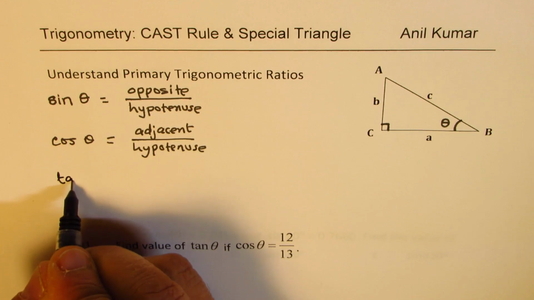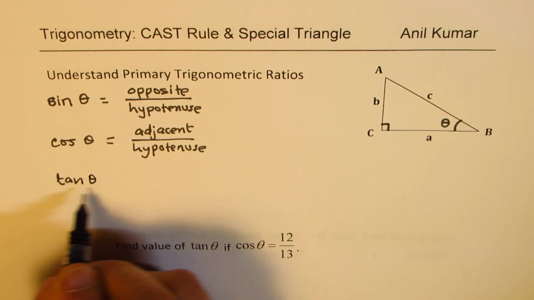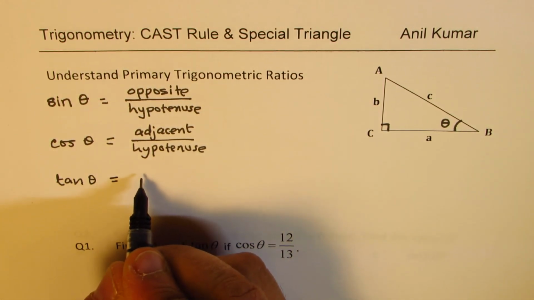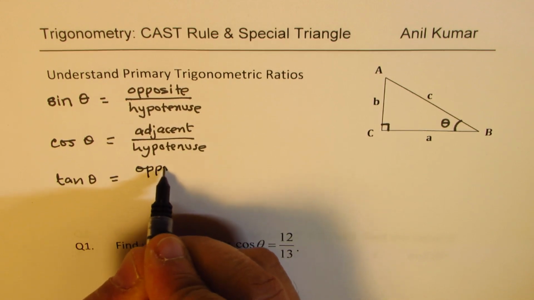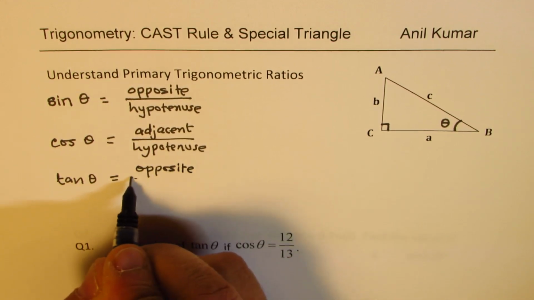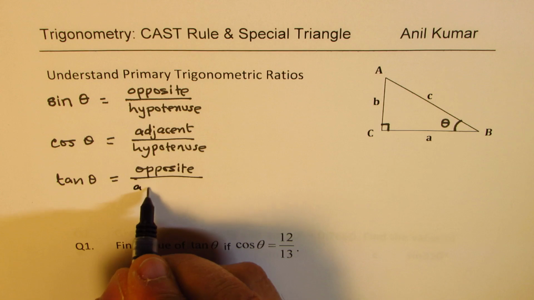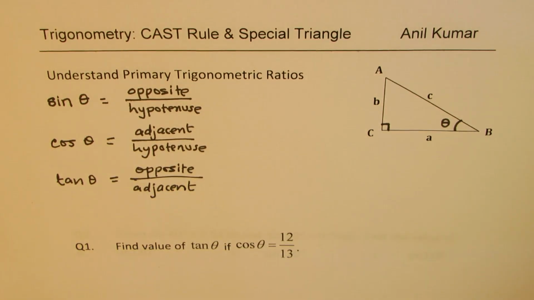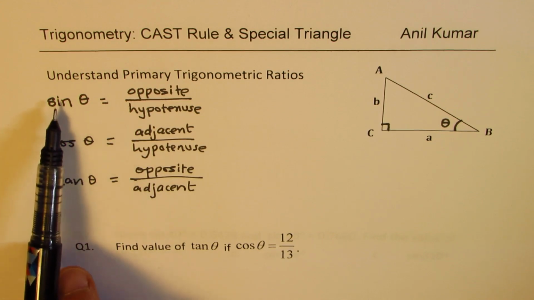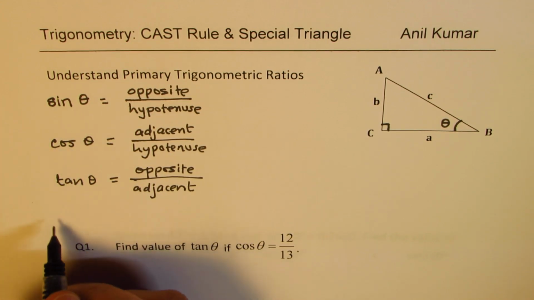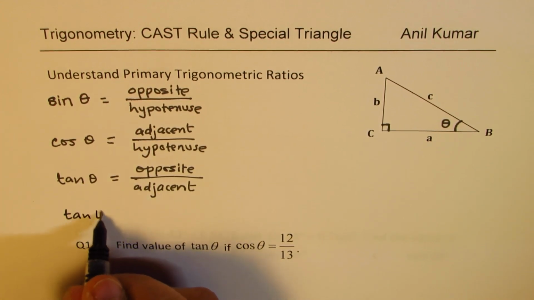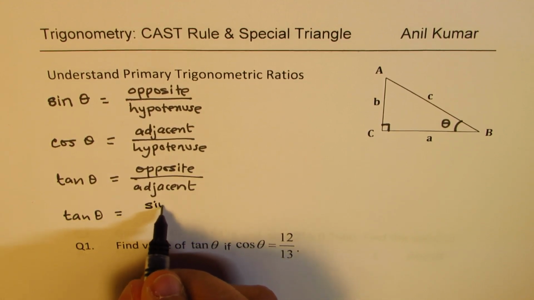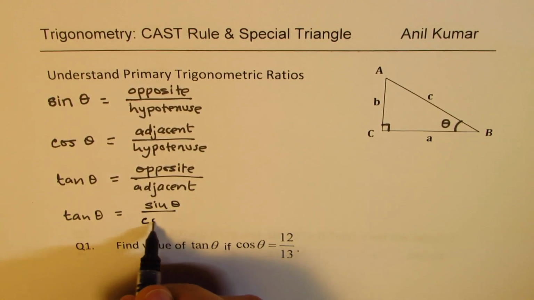And then we have tangent theta, written as tan in short, which is opposite over adjacent. Some of you must have noticed that the ratio of sine and cosine is tangent. So I could also write tan theta equals sine theta over cosine theta.